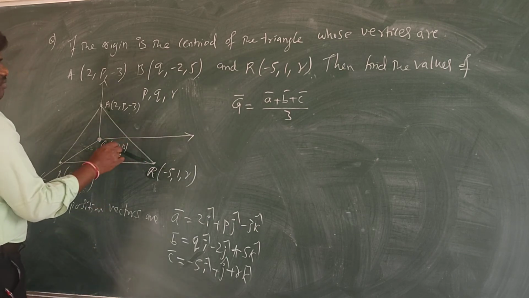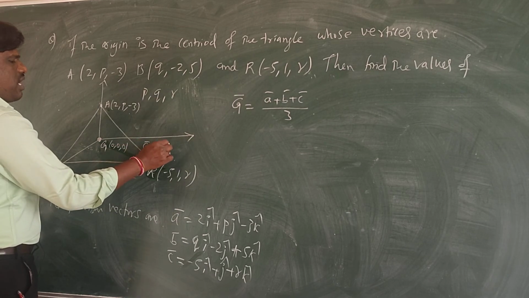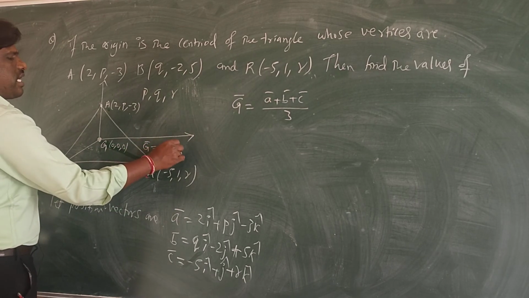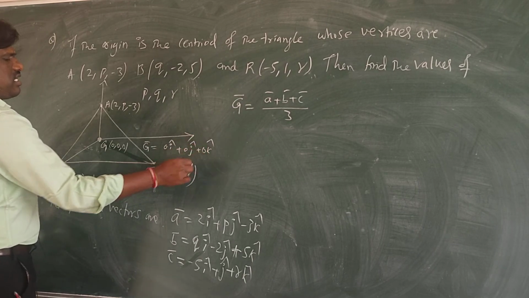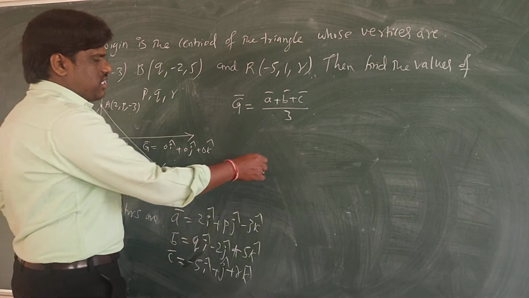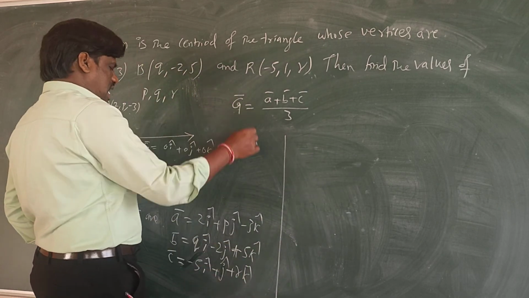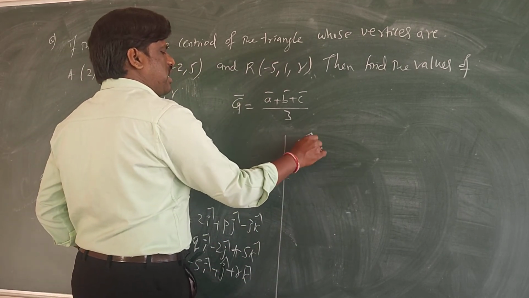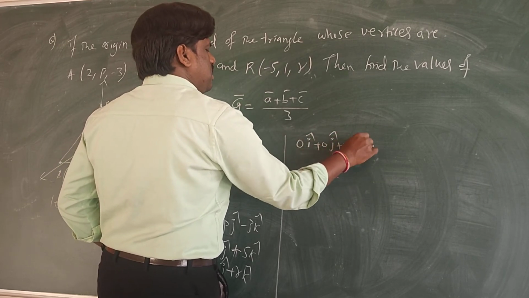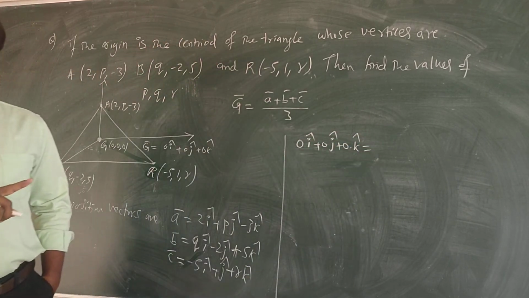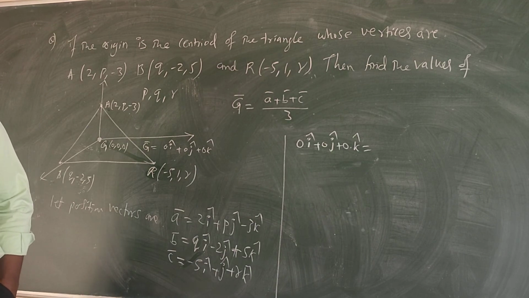The centroid G we can write as 0 into i cap plus 0 into j cap plus 0 into k cap. Now we can use this formula: G equals A vector plus B vector plus C vector upon 3.